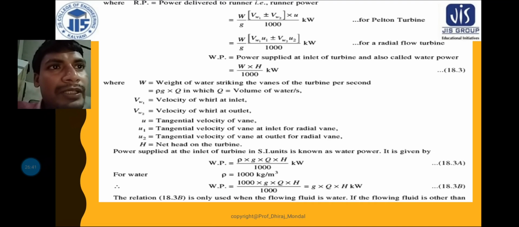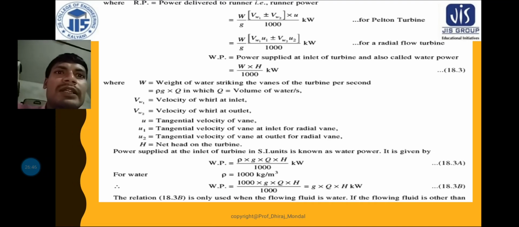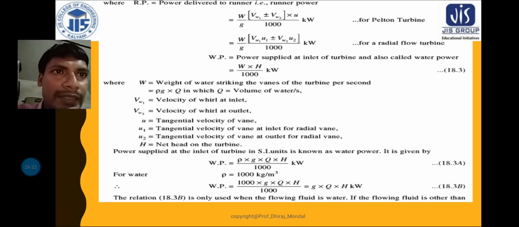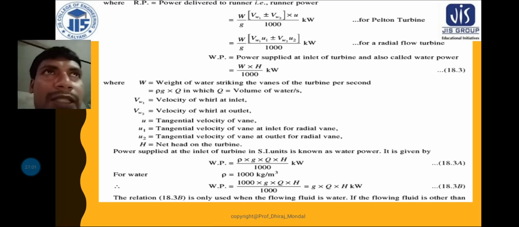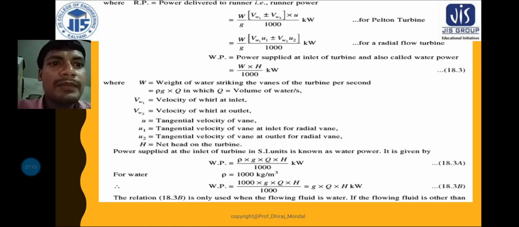So the runner power, how can we calculate? In the impact of jet chapter we have already seen the runner power, that means the power available in the runner. That is equal to mass flow rate into (VW1 plus minus VW2) into U, where VW1 is the whirl velocity at inlet, VW2 is the whirl velocity at outlet, and U is the tangential velocity of the vane.